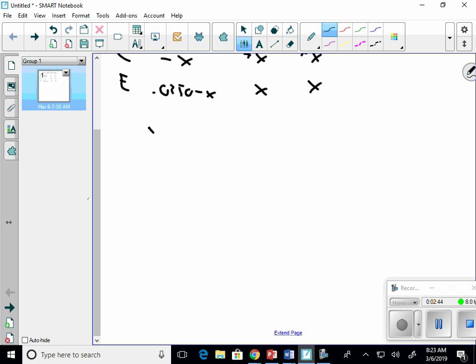Products are x times x, which is x squared, over 0.0250 minus x equals, and since this is the first loss of hydrogen, this is going to equal the 9.5 times 10 to the negative 8th value.